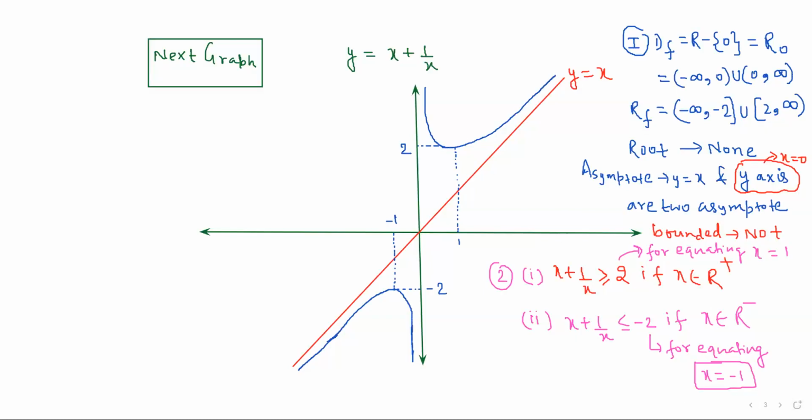Okay. The third condition is that the modulus of x plus 1 by x is always greater than or equal to 2. And for equality, x is equal to minus 1 or 1.